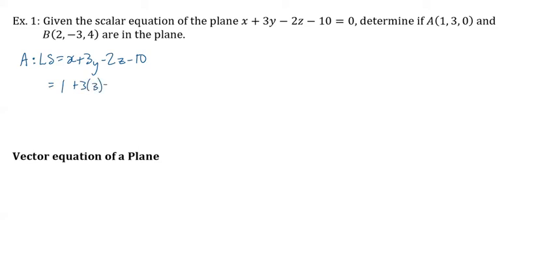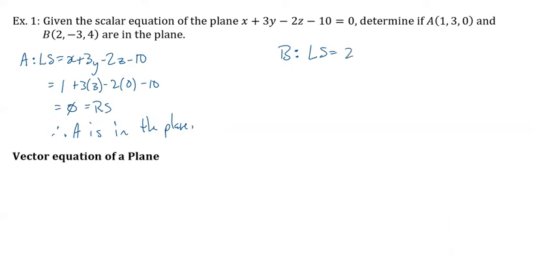And then for B, 2 minus 9 minus 8 minus 10 works out to negative 25.